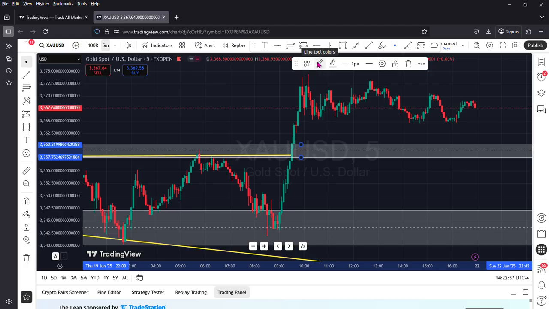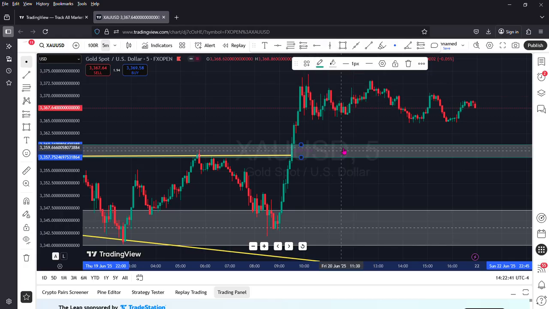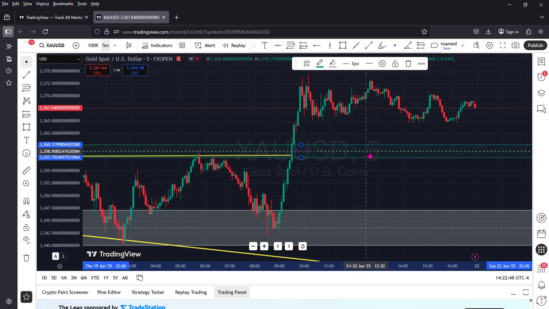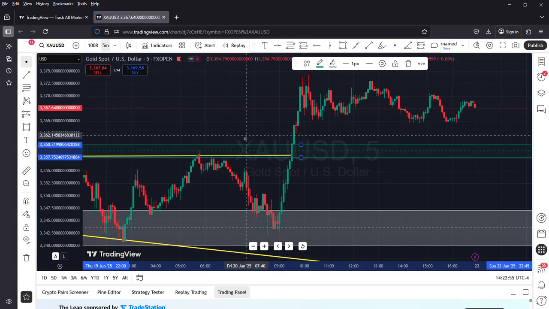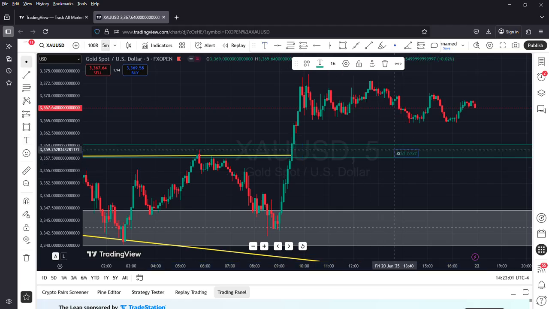Now let me use green for this area. This is the buy area.